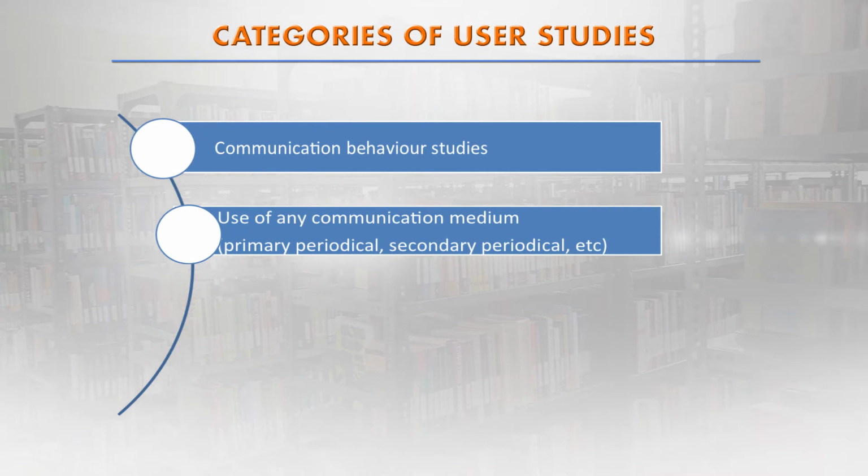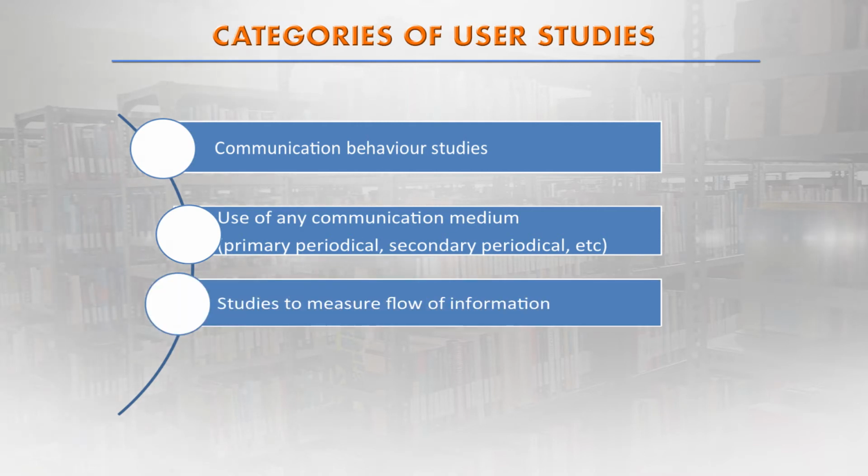Similarly, use of any communication medium, like primary periodicals you provide, or secondary periodical support, maybe reports, or maybe CDs, databases you want to provide. For such types of communication, what kind of medium you should use, you want to find out as an outcome of your user study.